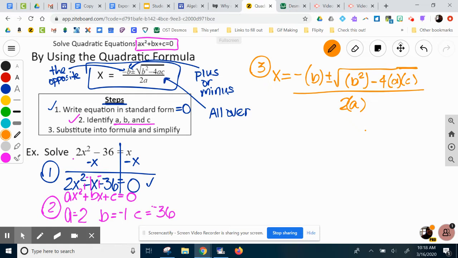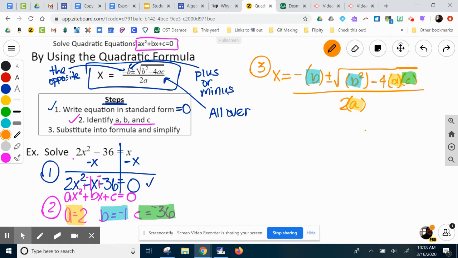So I'm ready to go ahead and pop things in. So my a of 2 has to go here and here. My b of negative 1 needs to go here and here. And then my c of negative 36 needs to go just one place. So we're ready to pop this stuff in. So I got x equals, it would help if I use the right pen.